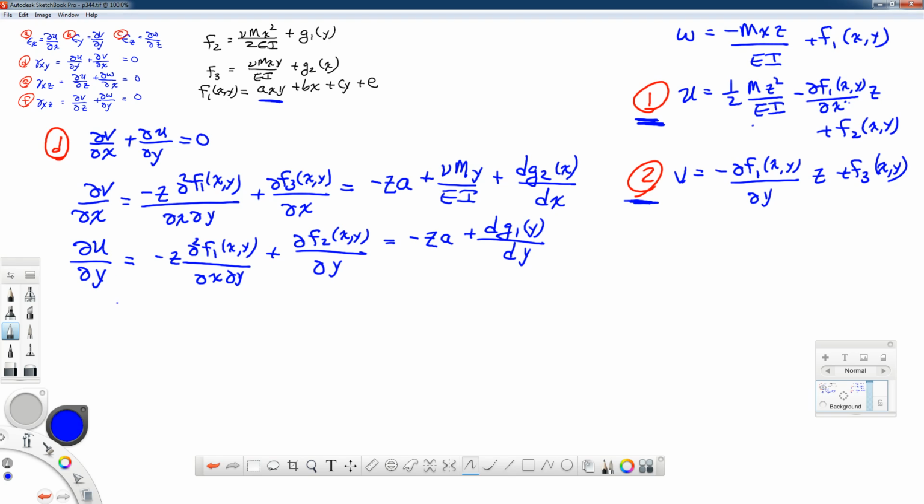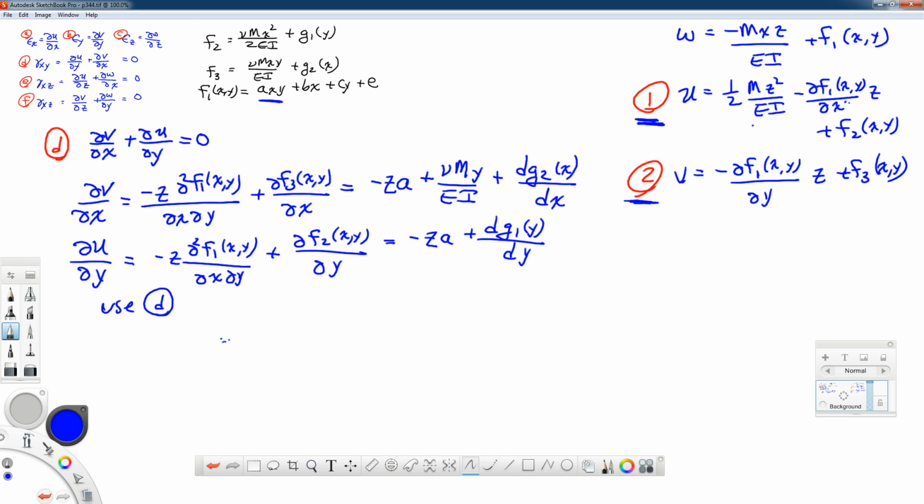Right, now we can use equation d. So we're going to start off with the partial derivative of v with respect to x, plus the partial of u with respect to y. Let's go ahead and write all those down.